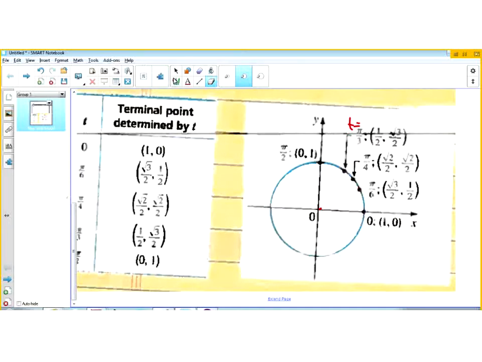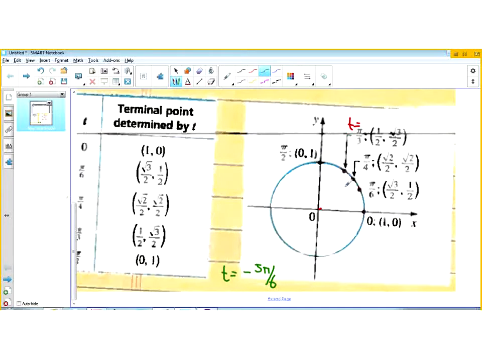Okay, so you get into these kinds of issues now. We want to calculate the terminal point for t equals -5 pi over 6. Right? All right, so how would that be done?